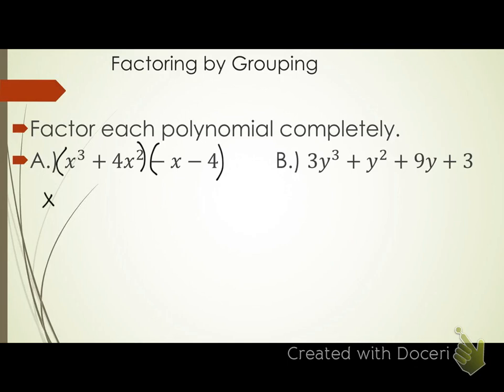X squared. Coefficients don't have a common factor besides 1, but they do have two x's in common, so we're going to pull out an x squared. X squared times what would give me x cubed? X. X squared times what would give me 4x squared? 4. We okay with that?